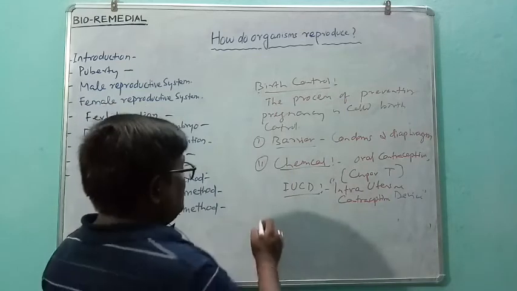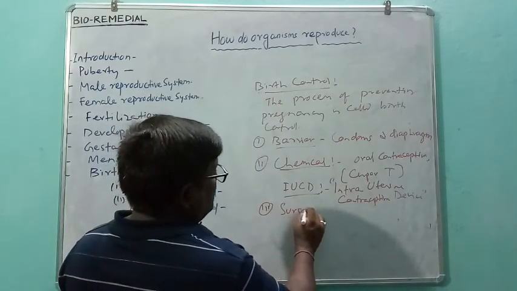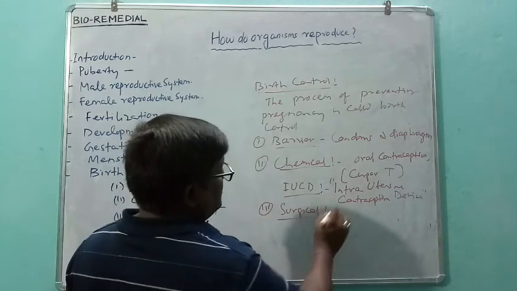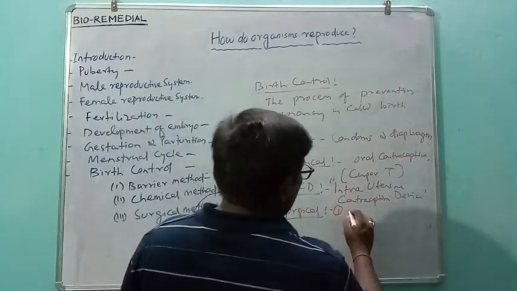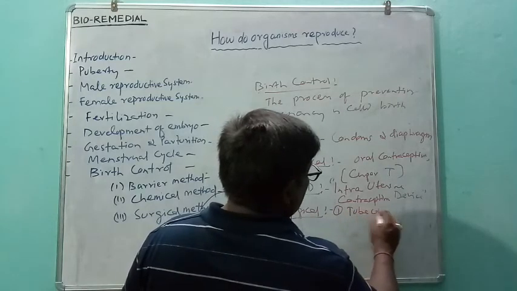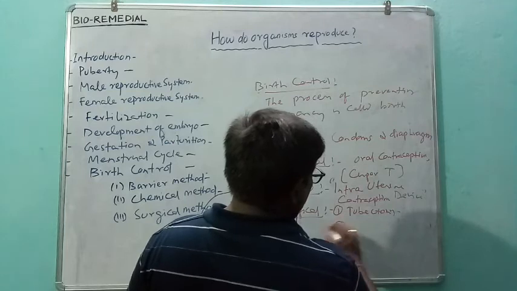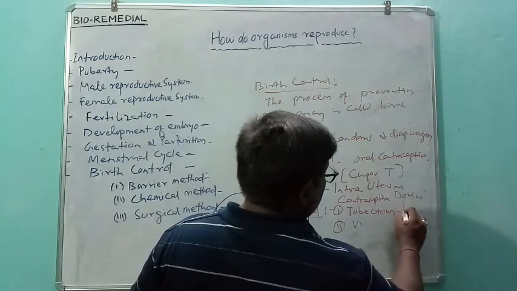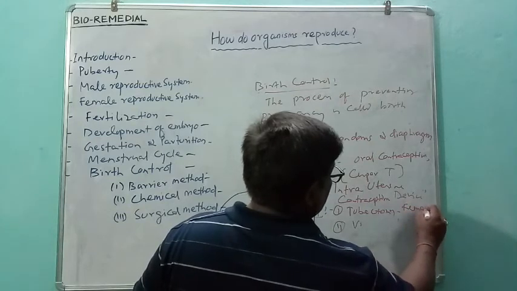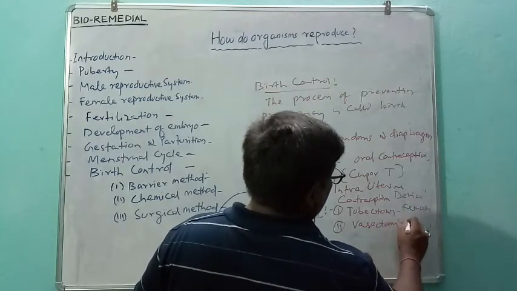And the third one is surgical. In surgical methods, there are two options: tubectomy and vasectomy. Tubectomy is done in females, and vasectomy is done in males.